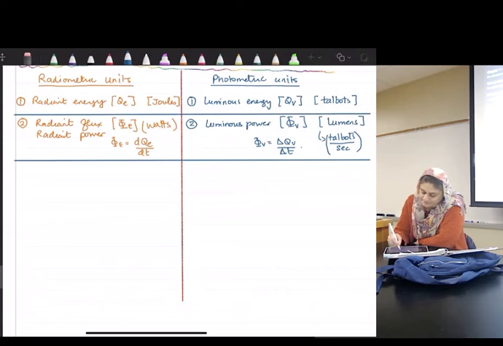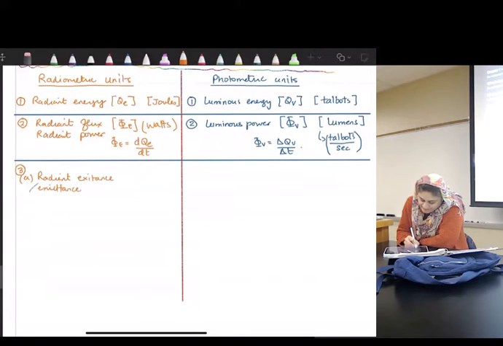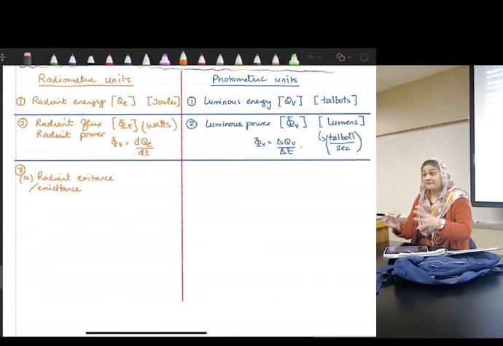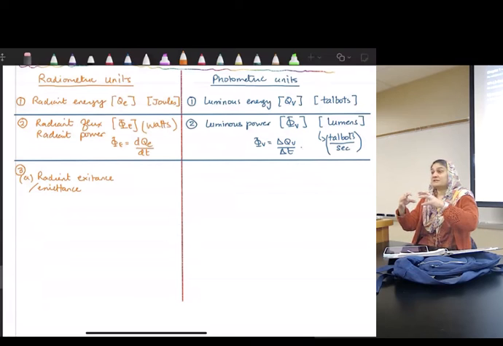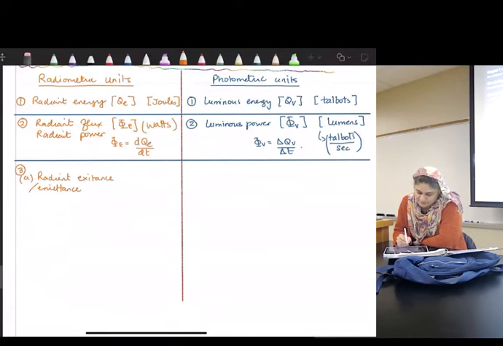Number 3, part A of it was called radiant exitance. What was radiant exitance or emittance? Exitance reminds you of exit, which means leaving, which means that's the energy from the source, right? Leaving from the source. What was the unit for it?